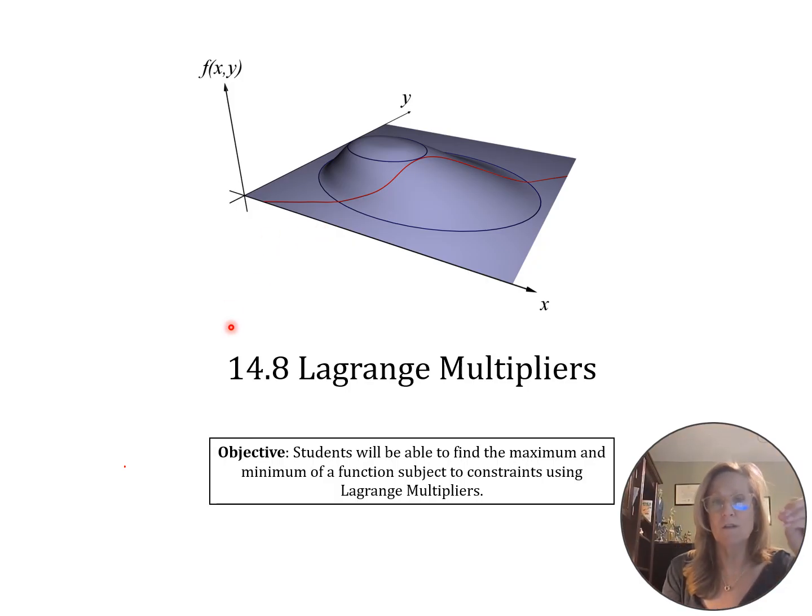So we don't just want the max and mins on this boundary or inside. We're going to ignore the inside altogether. I'm going to say we want the maximums and minimums of f only if they're also on this, what we're going to call restriction or constraint. And Lagrange found a way to do that.